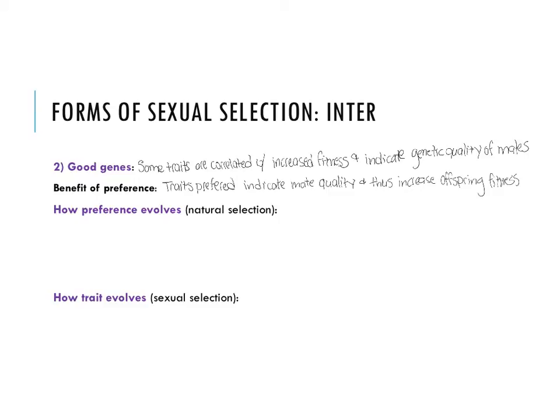So how preference evolves. So the preference evolves through natural selection. Preference for a trait that advertises good genes gets correlated with those good genes.